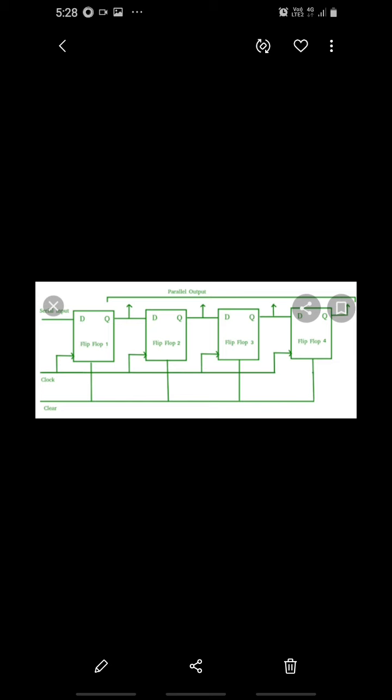This data will be applied at the input D0 of the first flip-flop, one bit after another. First we shall apply the LSB to the D0.